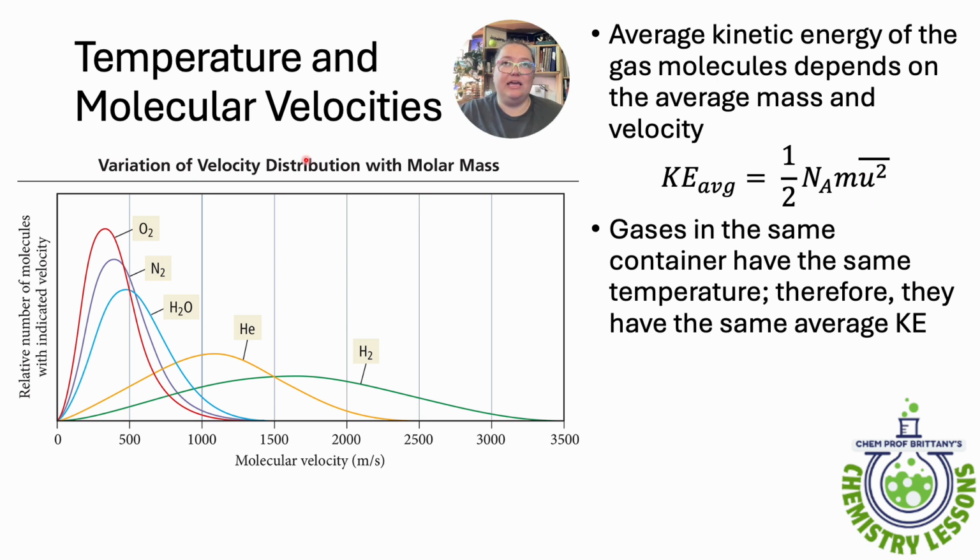So the heavier a gas is, the slower it can be moving to have the same amount of energy as a lighter gas. So think about it like a person, right? If I have a sumo wrestler that's walking and bumps into me, right?